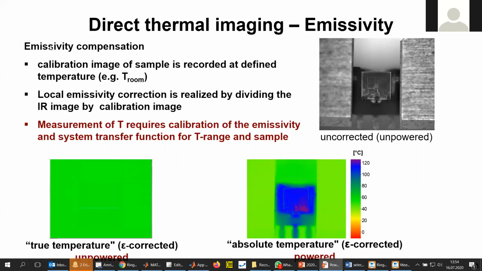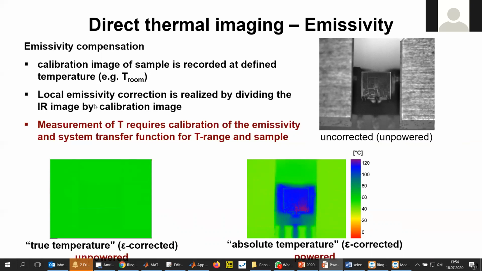Like for thermal measurements of temperature-related effects, this emissivity needs to be compensated for. A quite simple calibration or normalization method would be to record a calibration image of the sample at room temperature, and then divide the recorded IR images by this reference or calibration image in order to correct for the local emissivity.